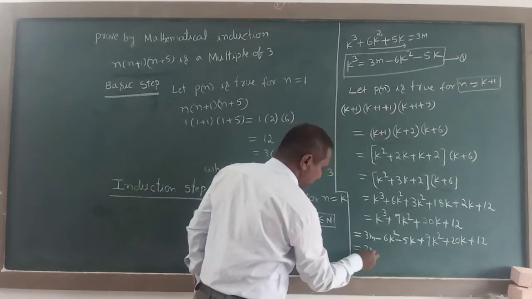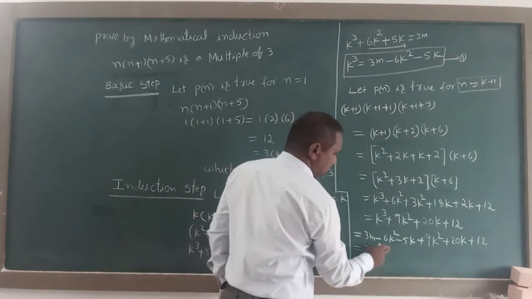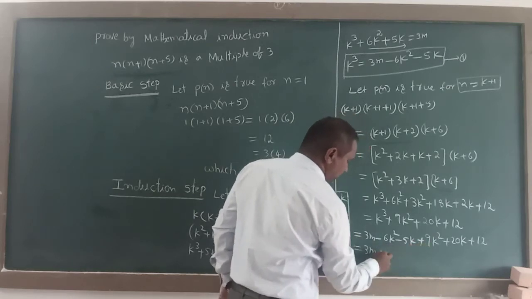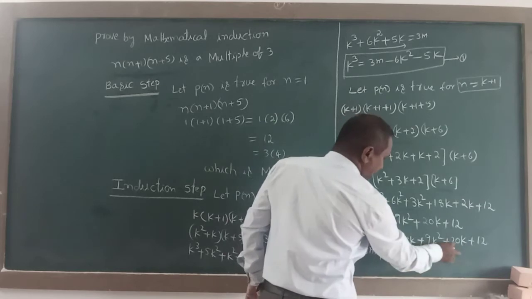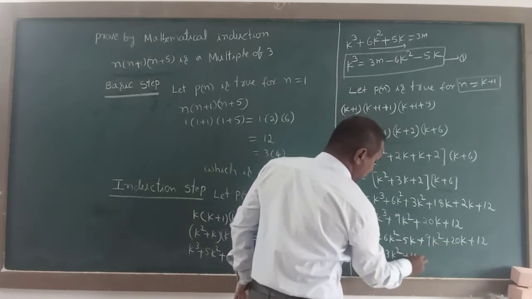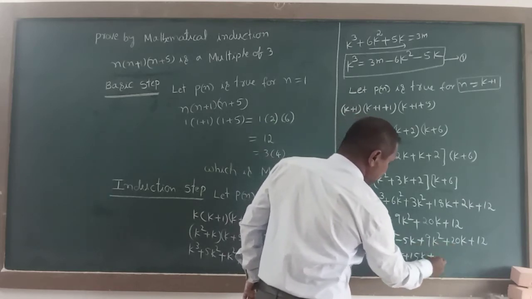Simplify this: 3m minus 6k square plus 9k square is 3k square, minus 5k plus 20k is 15k, plus the remaining 12.